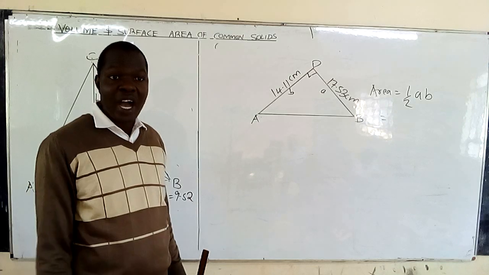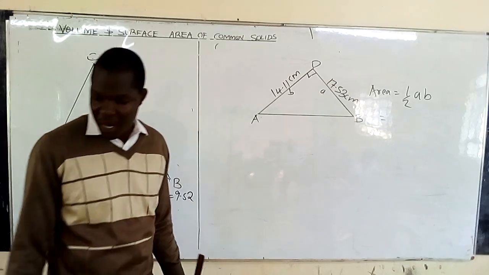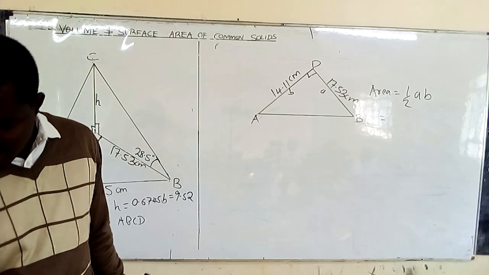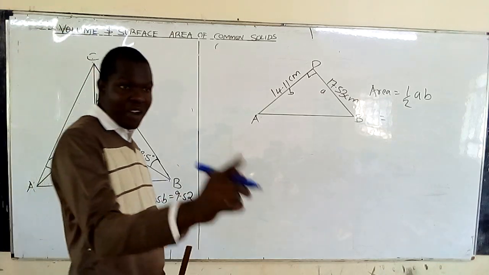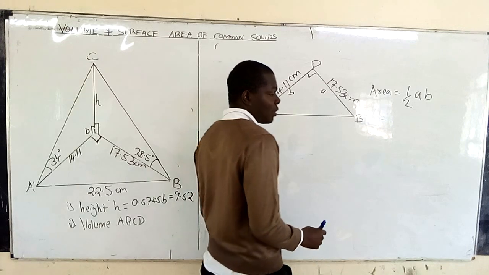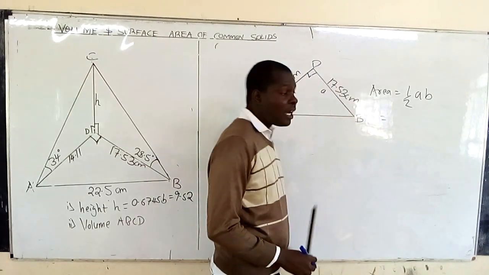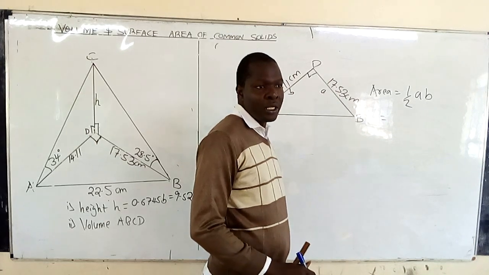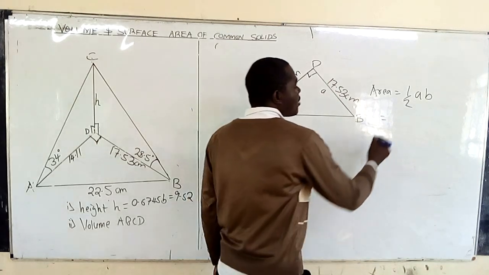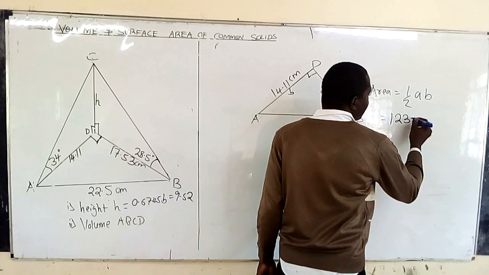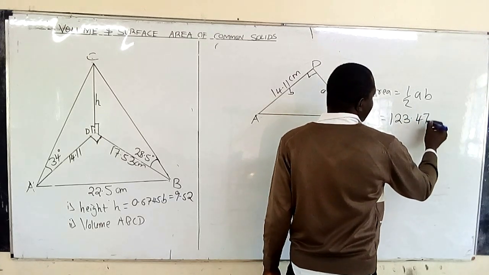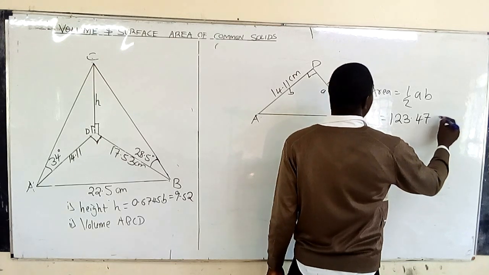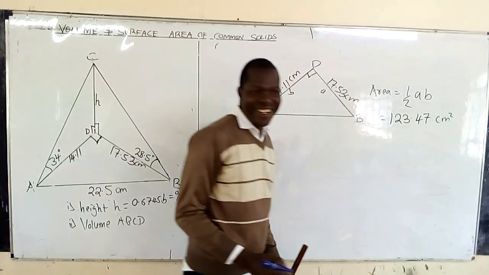Is that what all of you have? I'm waiting for everybody. I have 123.674. Is that what you have there? Yes. A half times 14.11 times 17.53 is 123.67 centimeters square, isn't it?